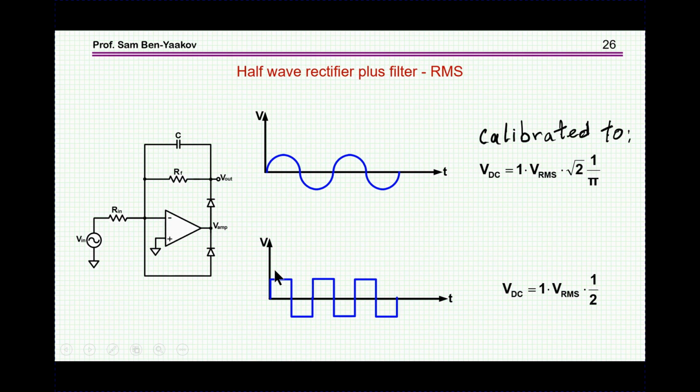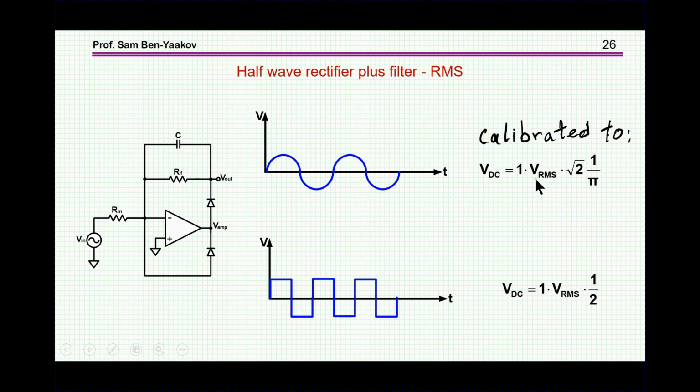Now this brings about the issue of RMS. In many measuring instruments, you like to get the true RMS of the AC voltage that you are measuring. Now, if you use a rectifier like this, you get a DC value, and of course you can calibrate it to RMS if the signal is sinusoidal.